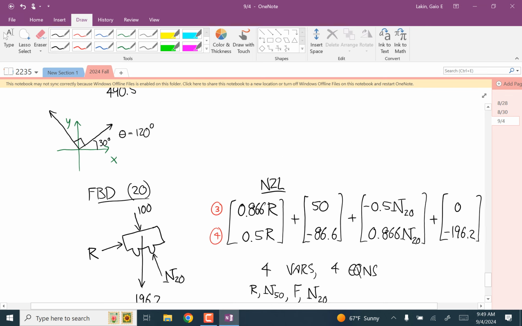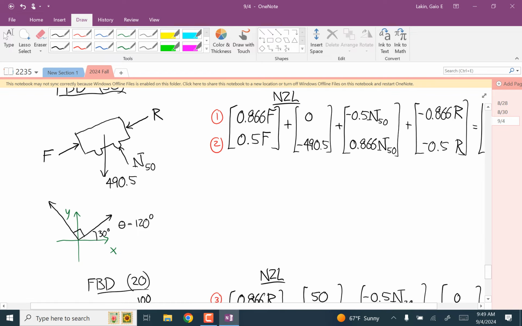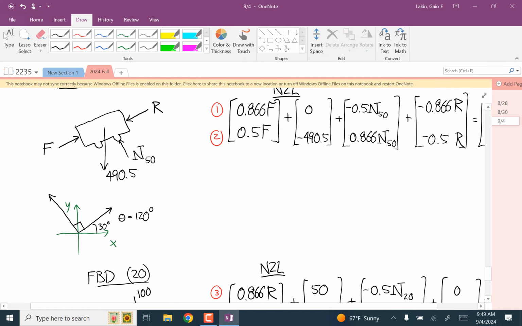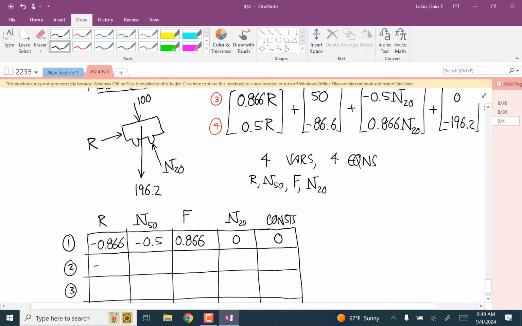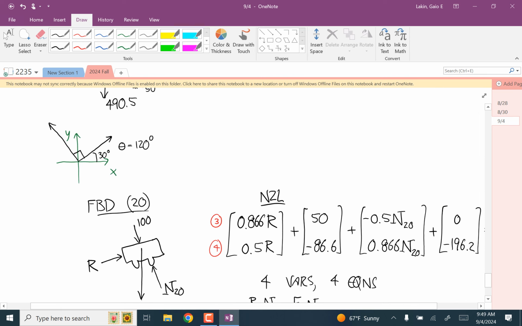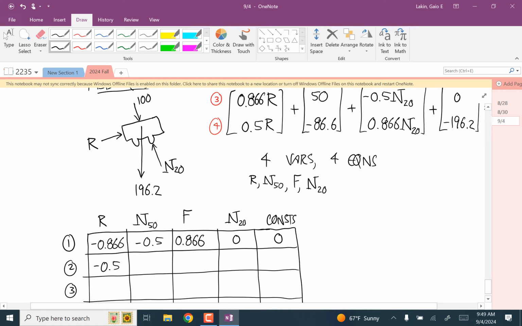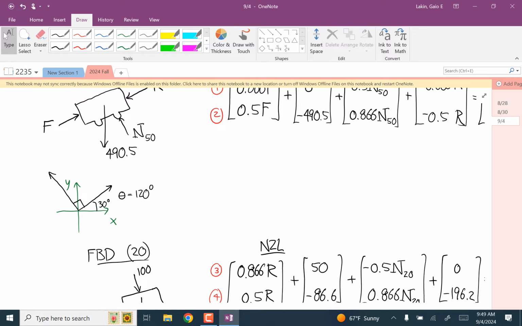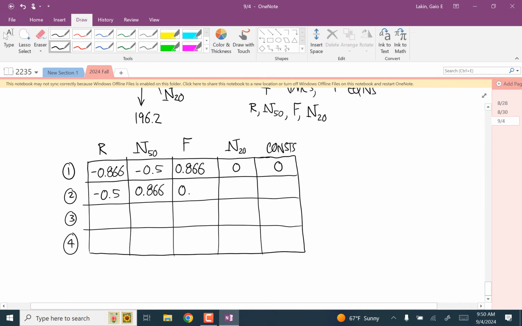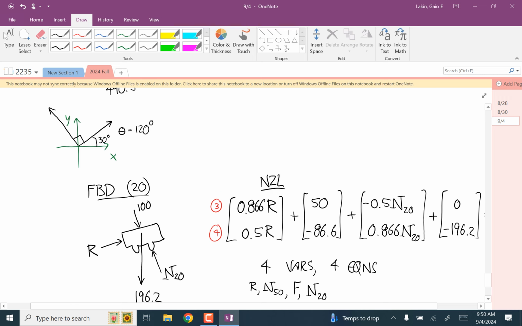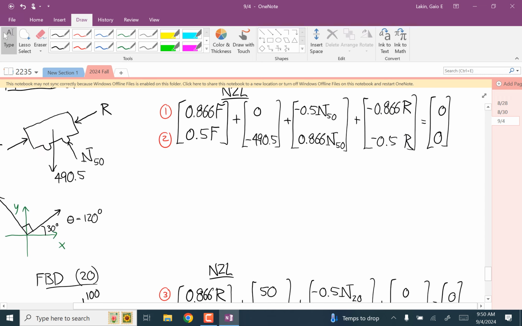Okay, now equation 2, R, we have negative 0.5. N50, we have 0.866. F's, we have 0.5. N20s, we have 0. And constants, remember the constant has to be on the other side of the equation, so that's going to be positive 490.5.